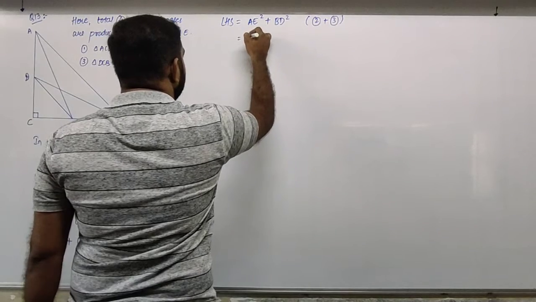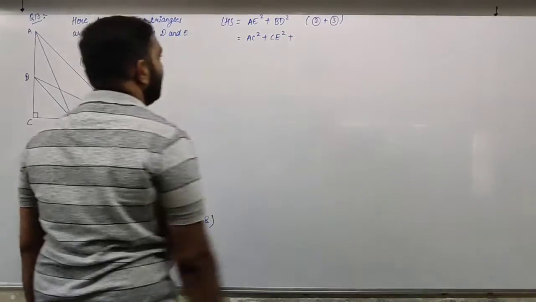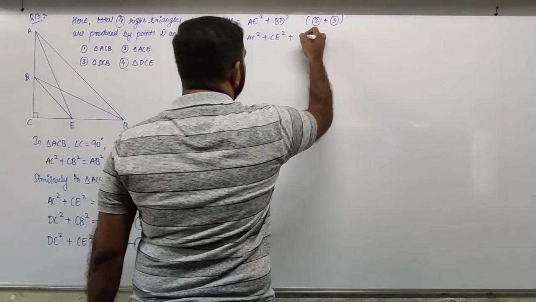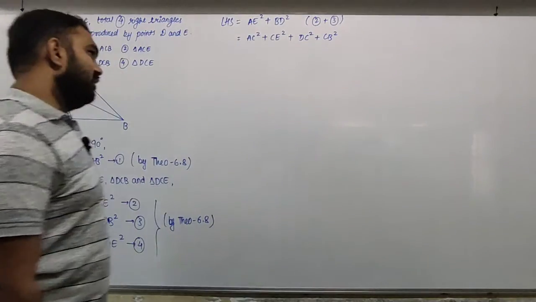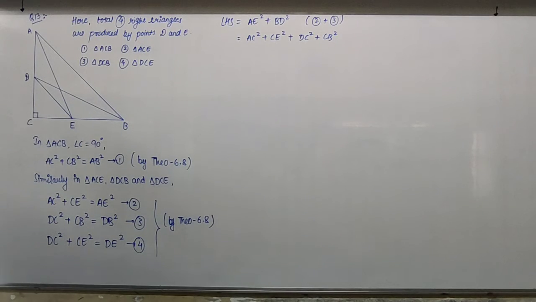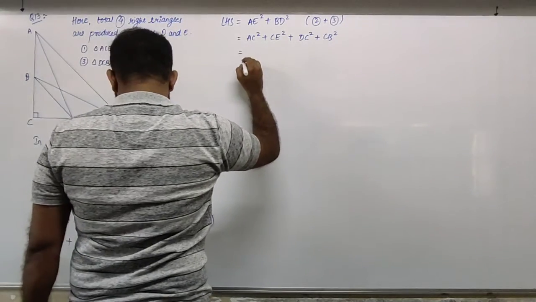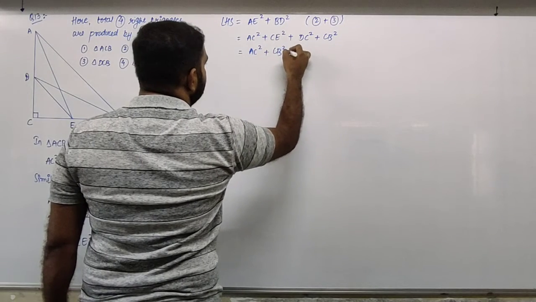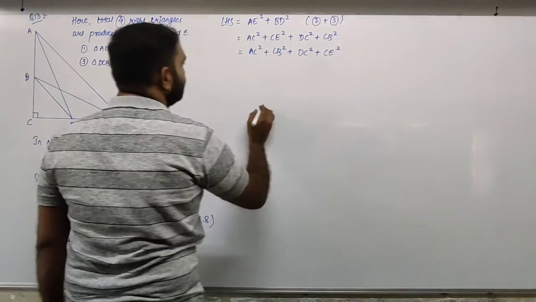What is AE square? AC square plus CE square, that is AE square, and DC square plus CB square, that is result number 3. Right? Now with a little rearrangement, take CB square here in the middle and let CE square go last. So AC square plus CB square plus DC square plus CE square.